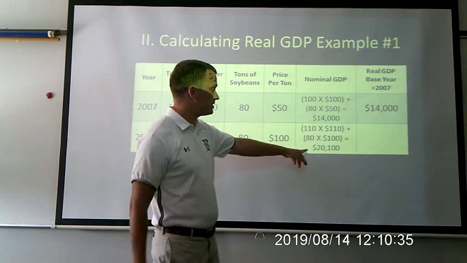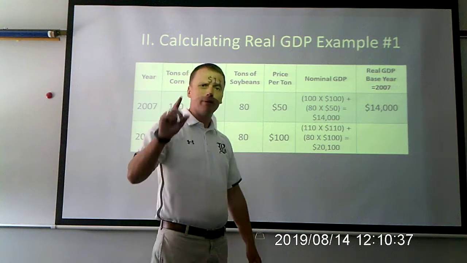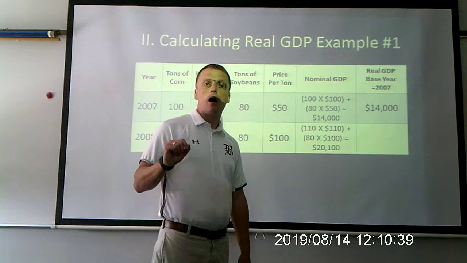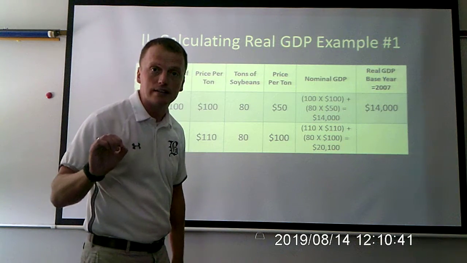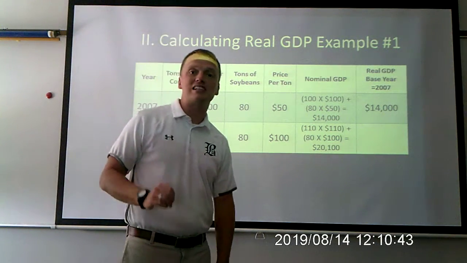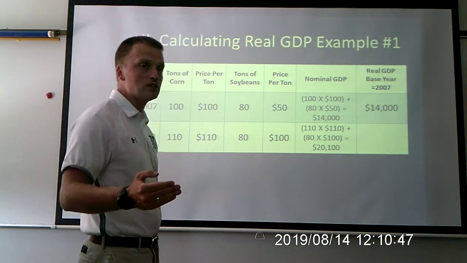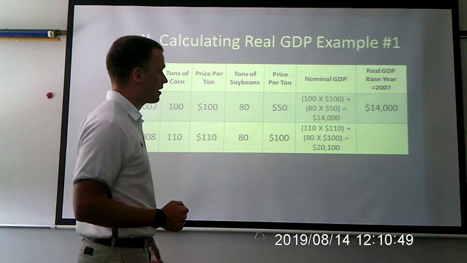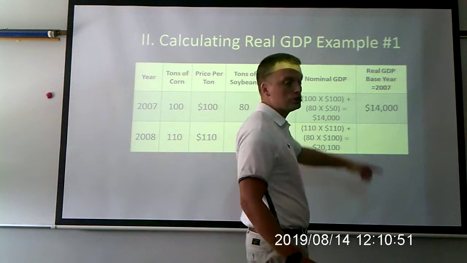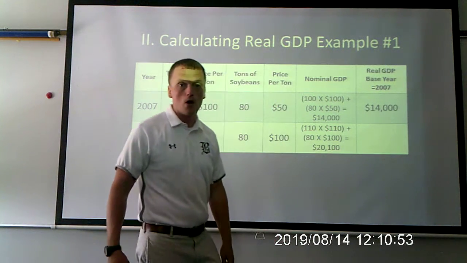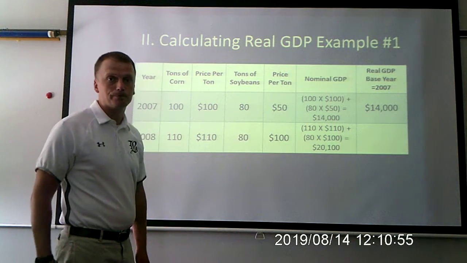So it would stand to reason that we'd end up with that 20,000. But let's see what happens if we use 2008 quantities with 2007 prices. If you haven't done so already, take a minute to try to figure out real GDP for 2008.